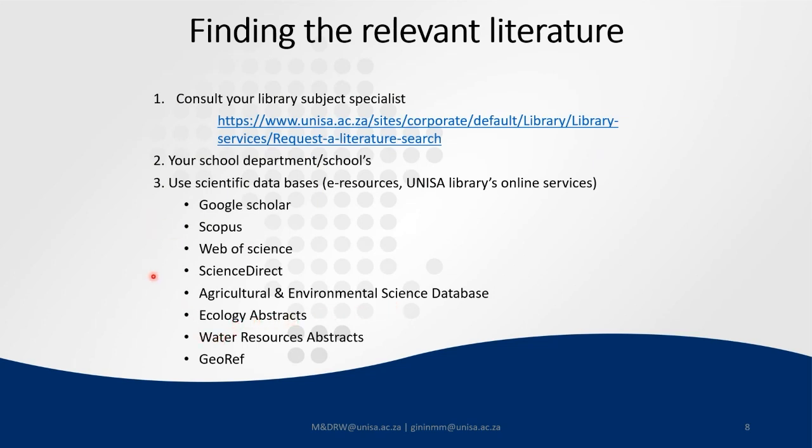All these are databases that contain different pieces of literature that are available. Water Resources Abstract and GeoRef. All these are available for students to use as sources that will yield different literature on a particular topic.